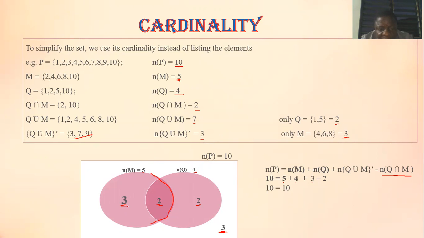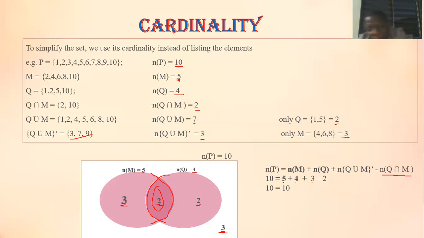So it means we are adding 3 and 2 to get a 5. All the Q is also 4. It also means that we are adding this region, which is 2 and 2. What has happened? We have added this particular 2 twice, which shouldn't be the case.